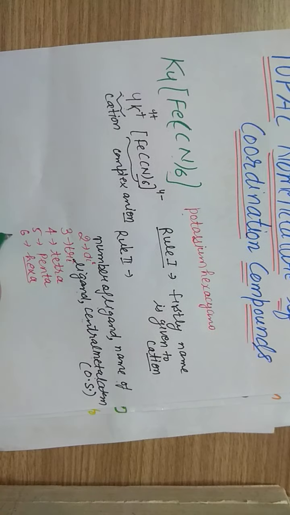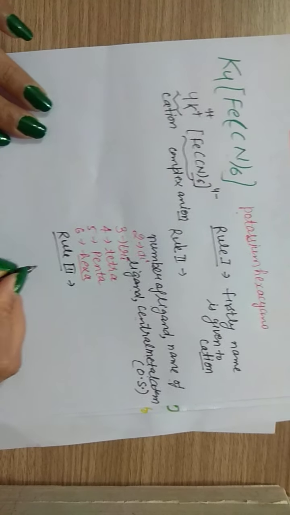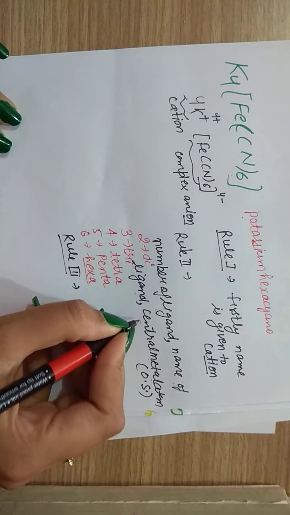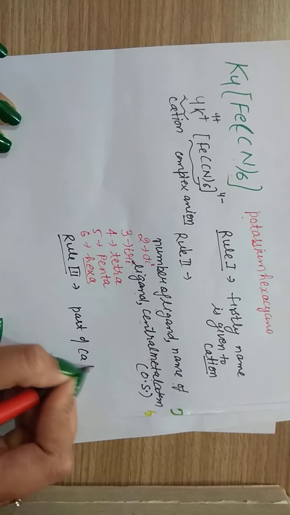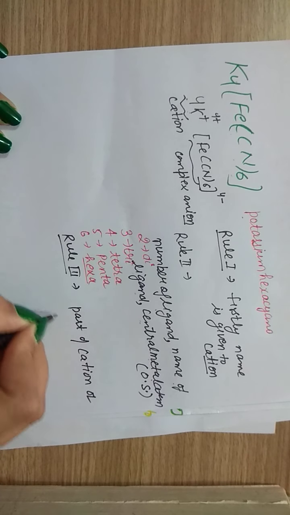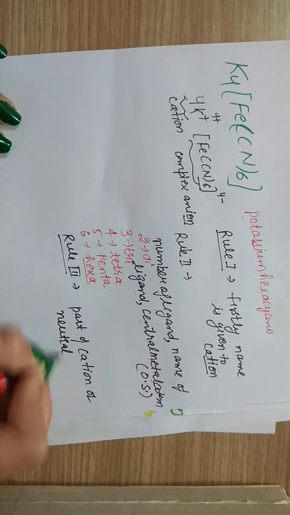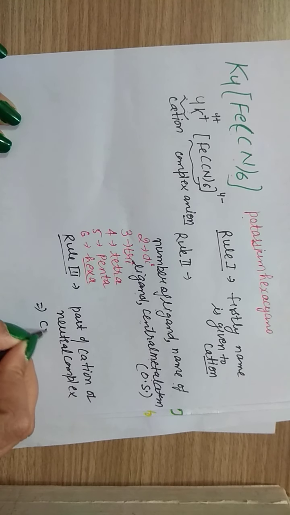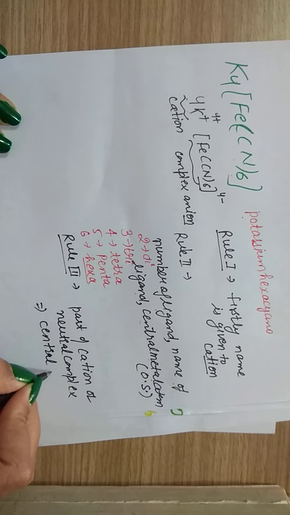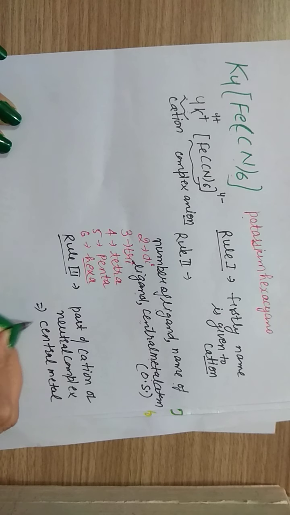For this, rule number three is mentioned, in which we write that if the central metal atom is part of a cation or a neutral complex, then the central metal atom name is simply written as it is.